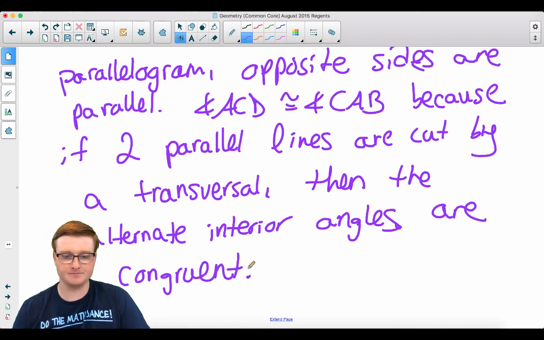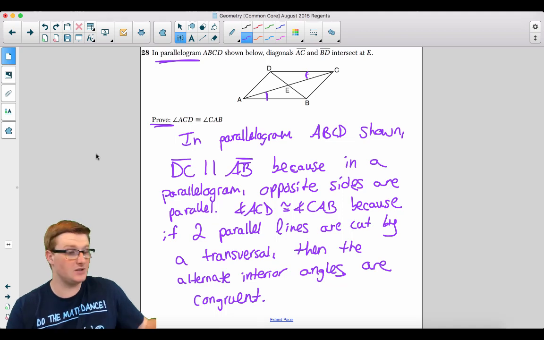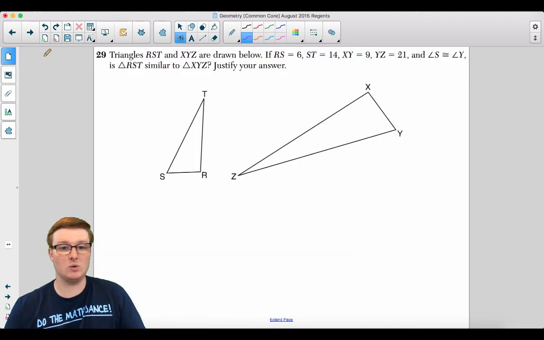And that will give you the full 2 points. Just 2 very basic, straightforward sentences will get you full credit on this question. Moving on to number 29.